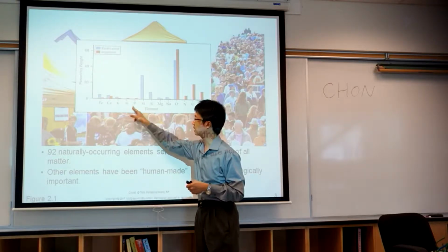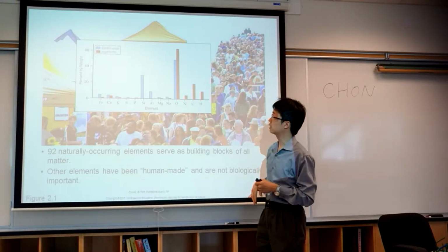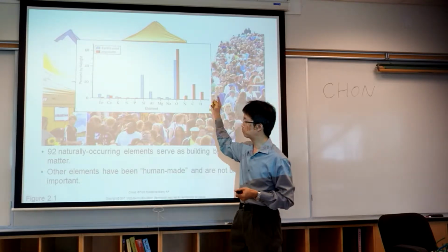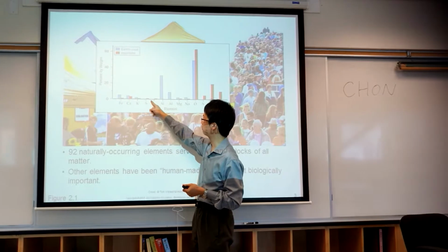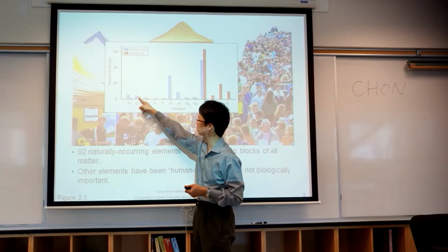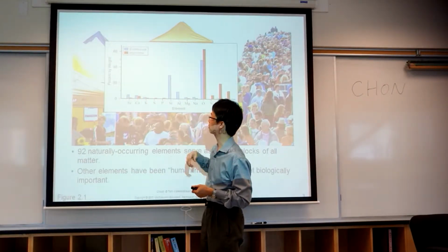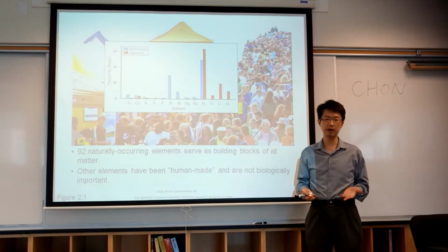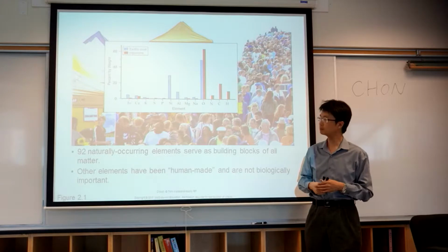That's what they said, sulfur and phosphate. But if you look at the graph here, you can see that sulfur and phosphate are very low, but calcium is actually higher than sulfur and phosphate. The reason is that we can find a majority of calcium in our bone.